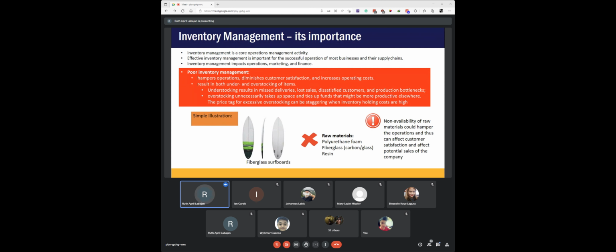Second, it already diminishes customer satisfaction. Because the customer expected something na siya demand, but you were not able to satisfy it because of the lack of inventory. The third, it might lead to increased operating costs. Anong increase in operating costs? Let's say that delayed ni abot ang inyong inventory.